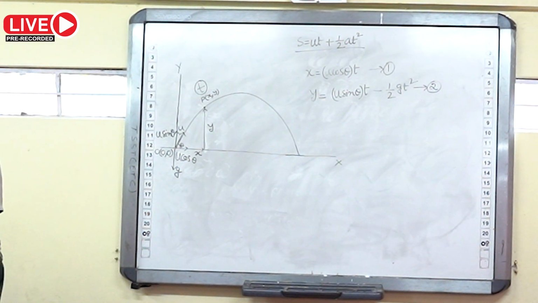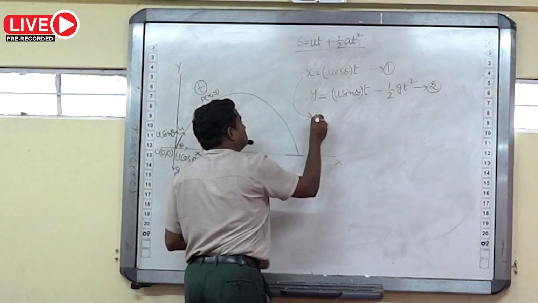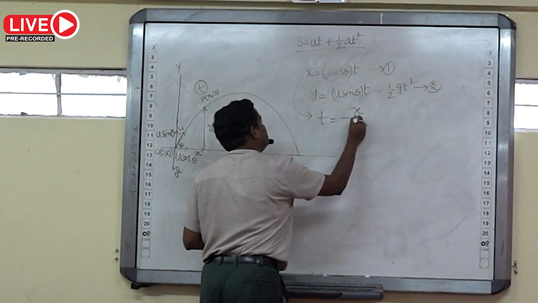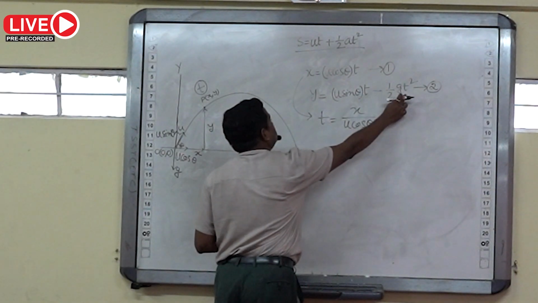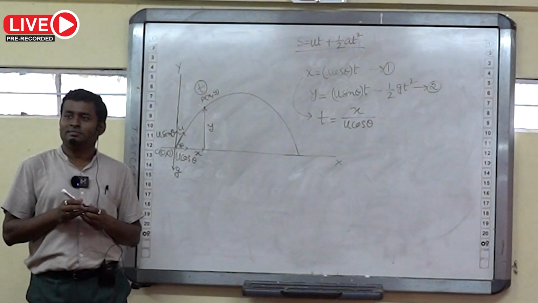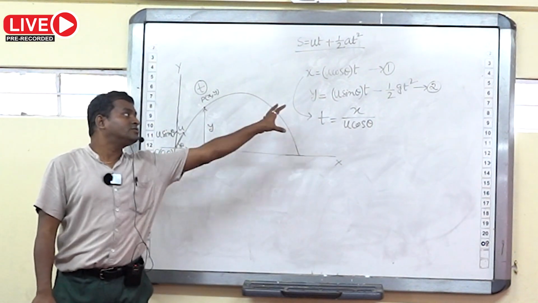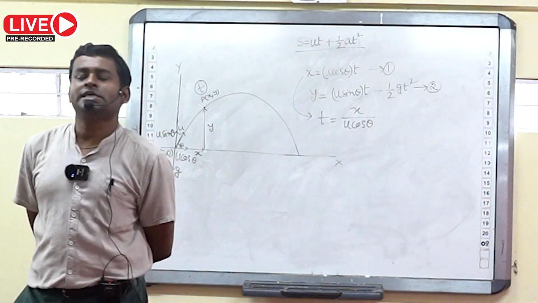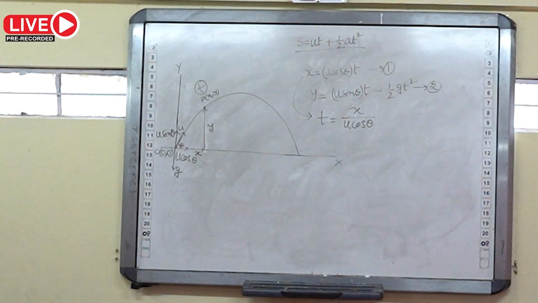So if we try to find the equation of trajectory, meaning the relation between x and y irrespective of time, then we have to eliminate time. How to eliminate time? From the first equation we can write t equal to x by u cos theta, then substitute it in equation 2 in place of t, and you will get the equation of trajectory.